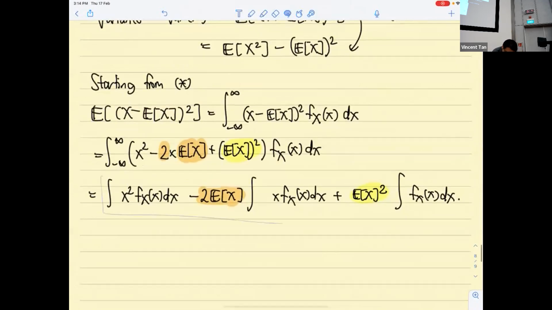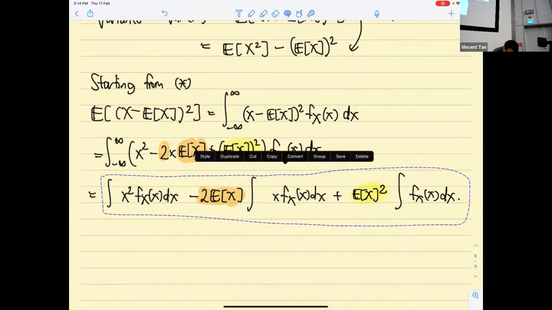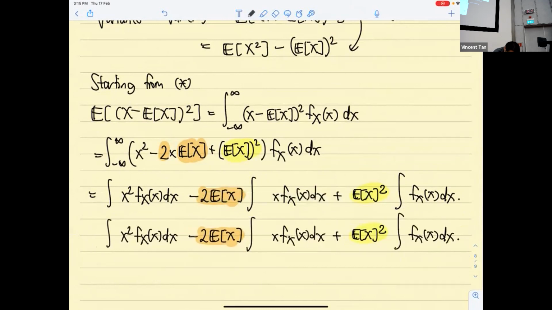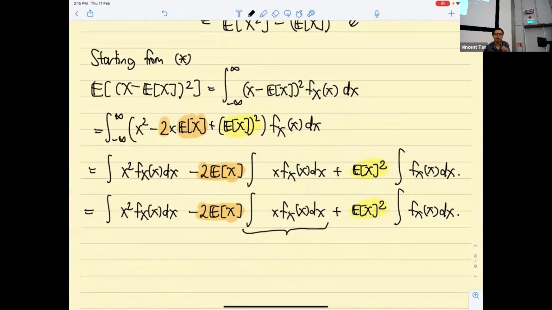So now what we have is the following. This part that I underline has a name.